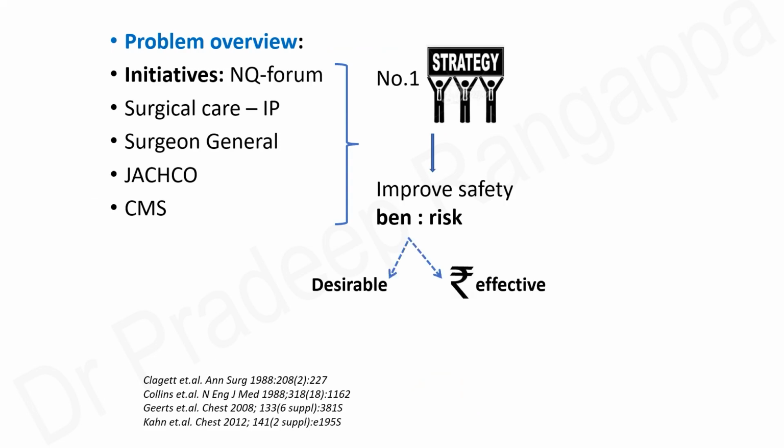The benefit clearly outweighs the risk by deploying this as a number one strategy, which is desirable and appears to be very cost effective. And there are numerous evidence-based medicine guidelines suggesting all the measures that one needs to put in place to prevent the occurrence of venous thromboembolism and the measures to treat it.